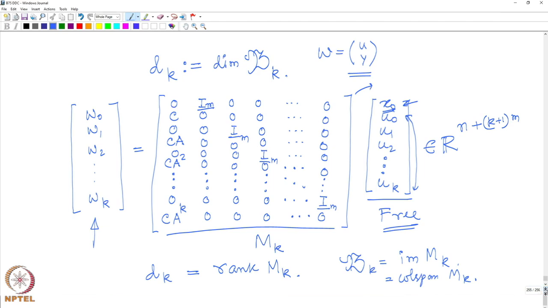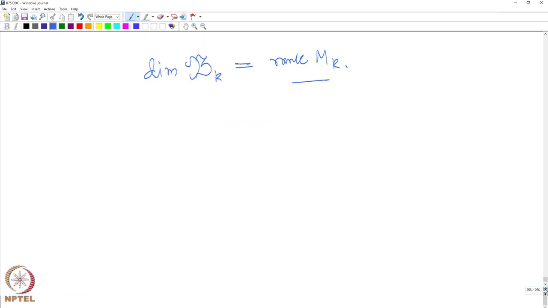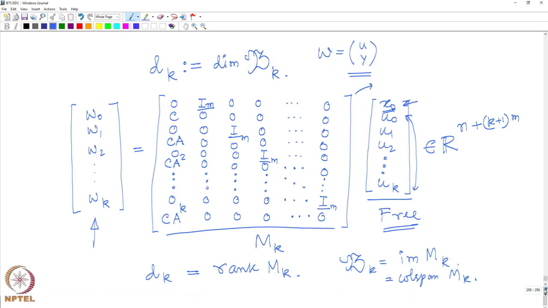So, let me just write this down, then it will become clearer. After row operations, notice when I do these row operations, none of these row operations do anything to this first column, because for each of these row operations the corresponding entry in the first column is 0.